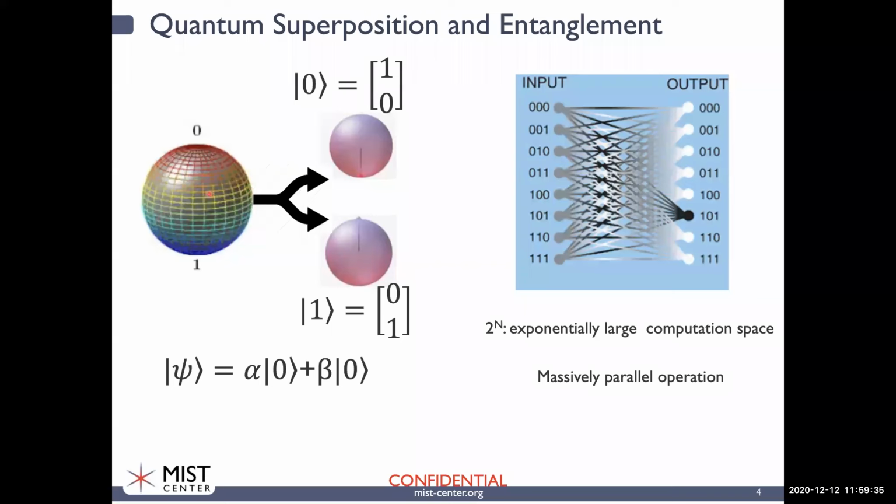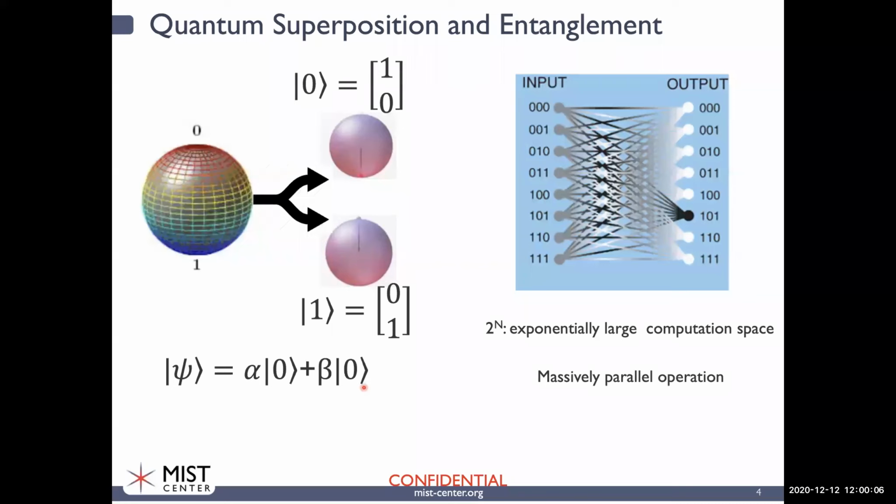For example, in the spin system, this can correspond to an upspin configuration. And the south pole is the 1 state. In the spin configuration, this can be a downspin state. And quantum mechanics allows a state to be simultaneously at 0 and 1, or in a superposition state between this 0 and 1 state.